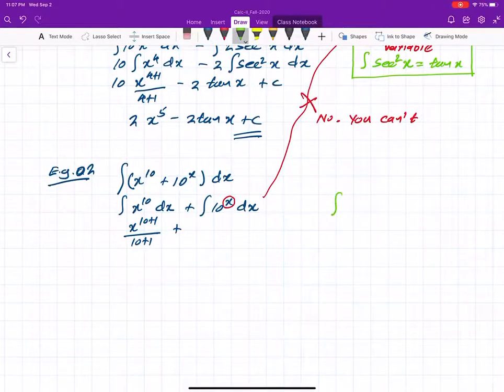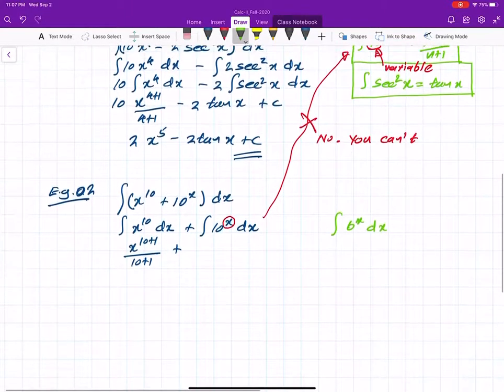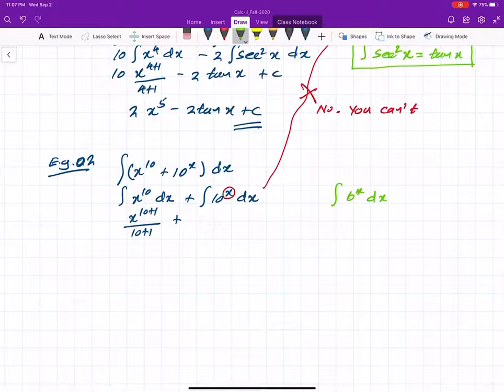Let's say you are integrating b to the power x dx. Here b is a constant.